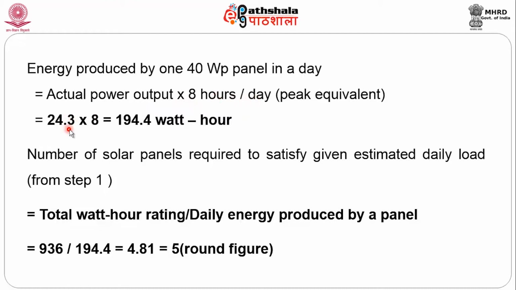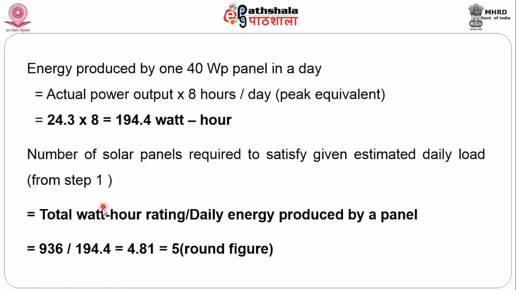So, 24.3 wattage we can get it, and for 8 hours we get about 194.4 watt hour. Number of solar panels required to satisfy the given estimated daily load from step 1.